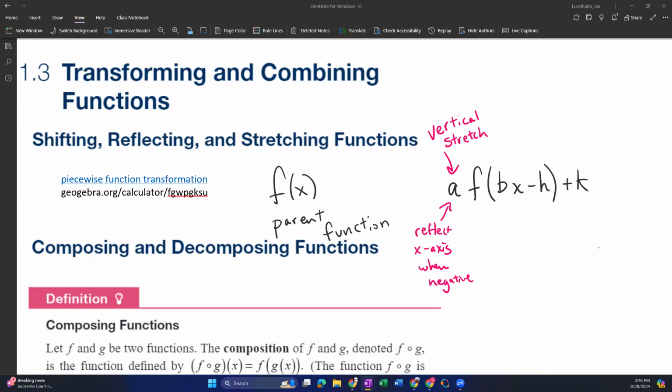This one was horizontal stretch. Think of it as related to frequency, especially when you're dealing with trigonometric functions. H is a horizontal translation. K is a vertical translation.